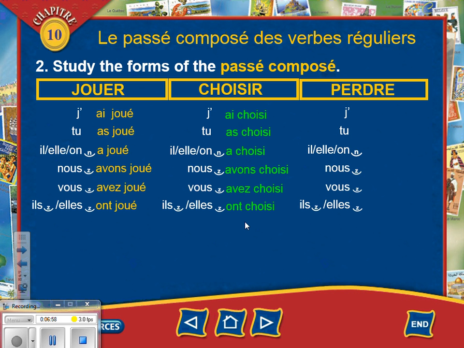And our third type of regular verb, RE verbs. J'ai perdu. Tu as perdu. Il, elle, on a perdu. Nous avons perdu. Vous avez perdu. Ils and elles ont perdu.